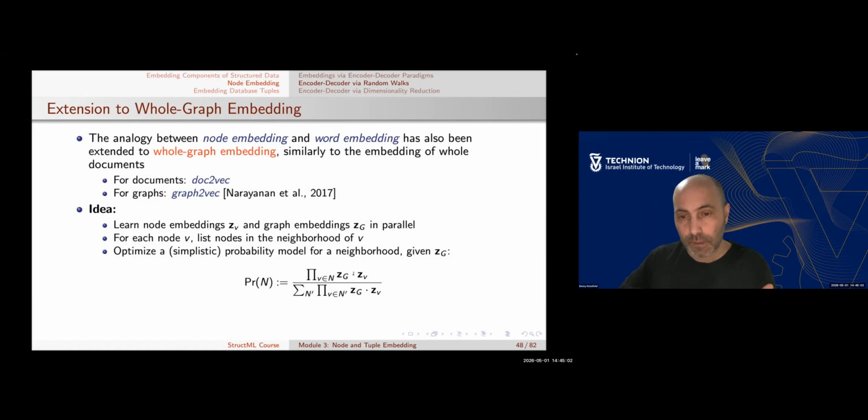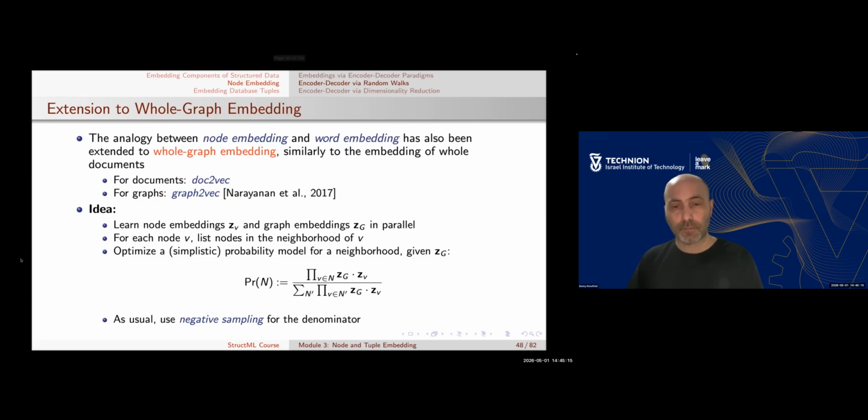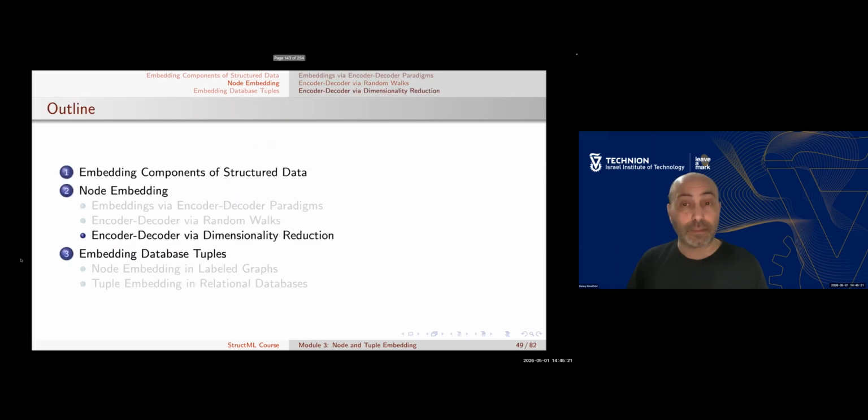So it is ZG times ZV multiplied over all of the neighborhoods. That's the probability of the neighborhood. Then you normalize it with other neighborhoods, and for that, again, negative sampling is used because, as you can imagine, there are many neighborhoods. Okay, that was it. Next, we're going to look at another instantiation of the encoder-decoder paradigm using linear algebra.